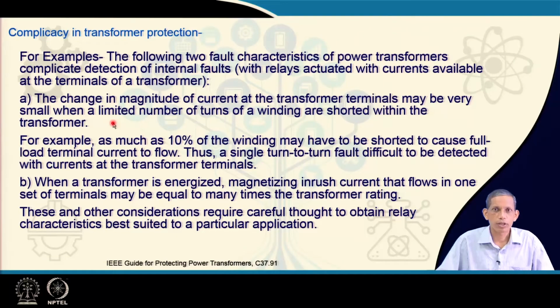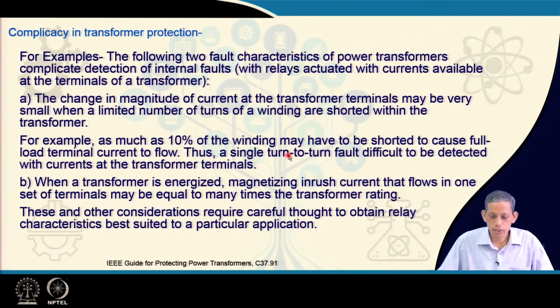If the turn is in the lower part of the transformer winding towards the ground, then the fault current will be smaller. If the fault is between two turns, then the current may be much smaller. For example, as much as 10% of the winding is required to be shorted for rated current to flow.